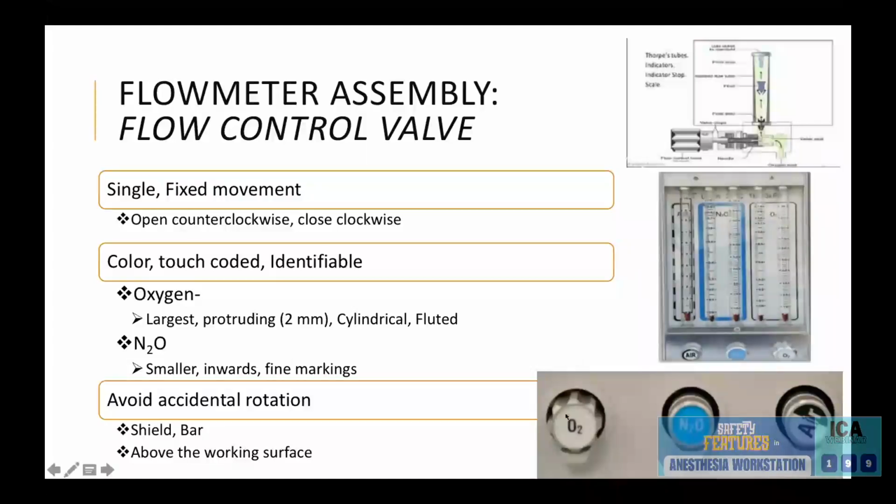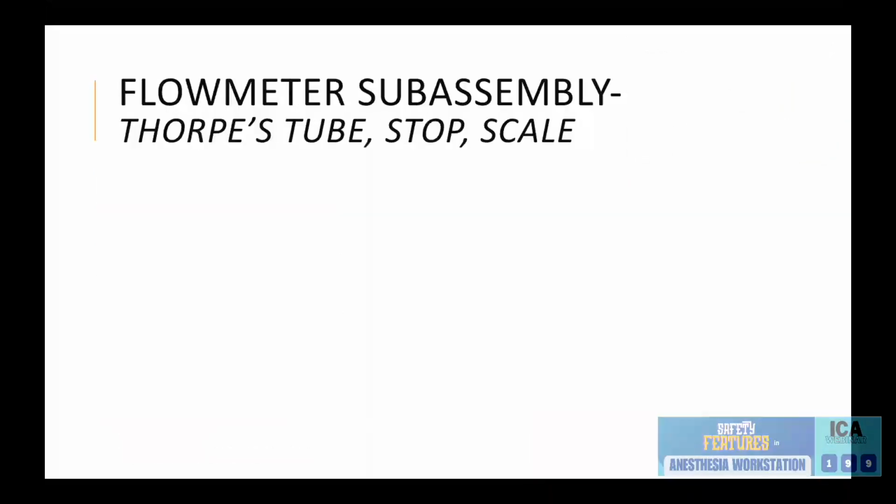Other than being located slightly apart, there is some shield or bar, like Dr. Shikha had shown, to prevent accidental rotation of the knobs. They are not located at the working space. They are located slightly above the working surface, so that when you're picking up a syringe or a drug from the tray, you don't end up turning the knobs.